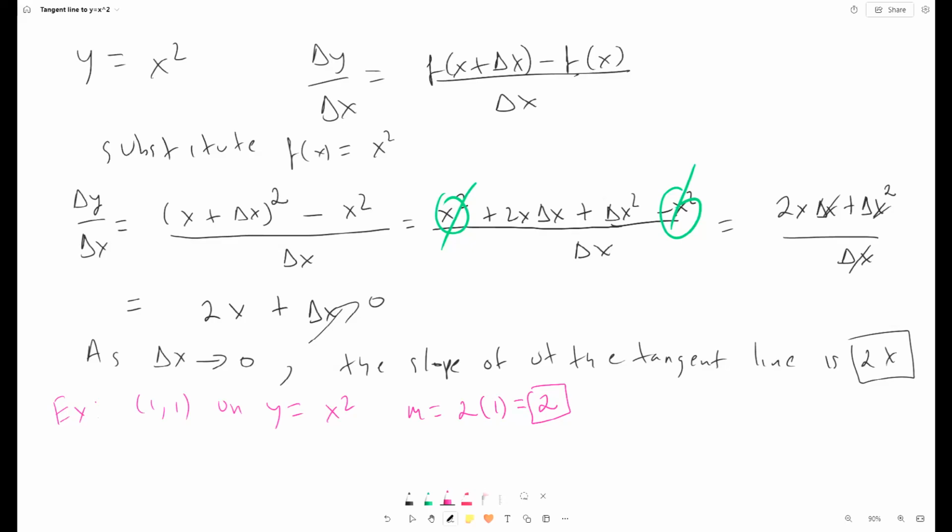And then using the point-slope form, y minus y1 equals m times x minus x1.